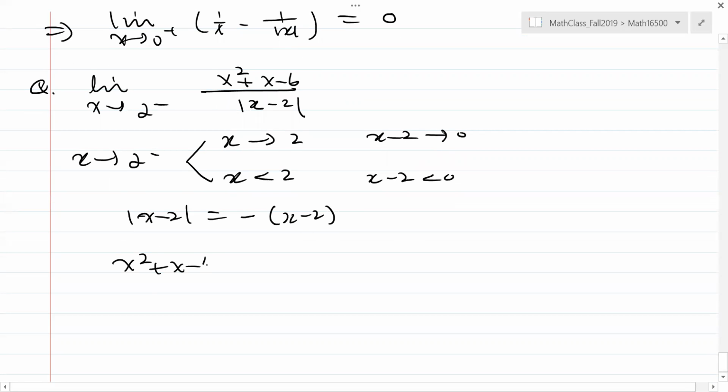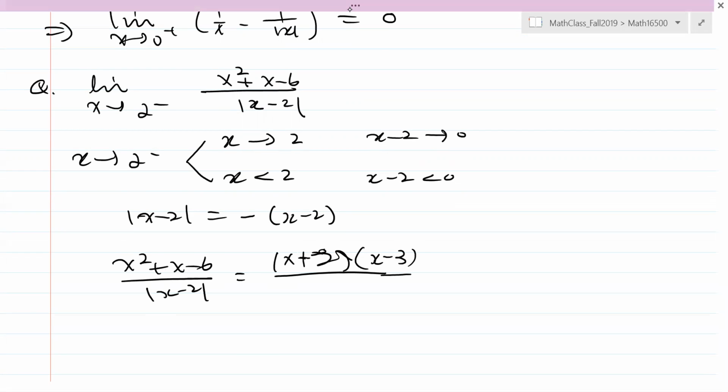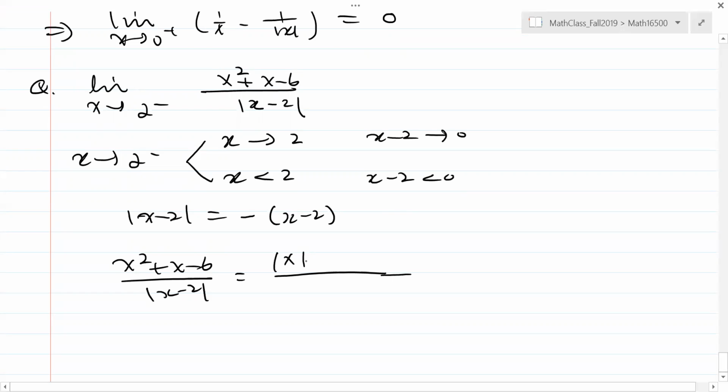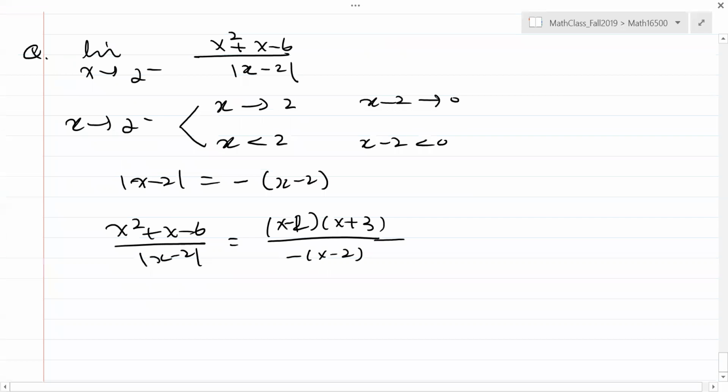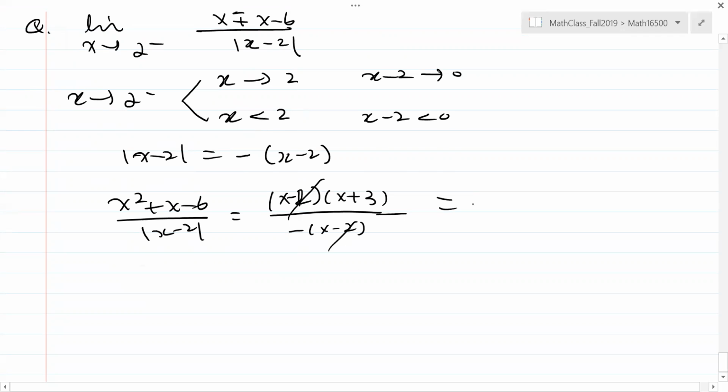So then x squared plus x minus 6 over negative x minus 2. So this cancels out, and you get negative x plus 3. Okay. And then it's clear that the limit as x approaches 2 from the negative side is plus 3.